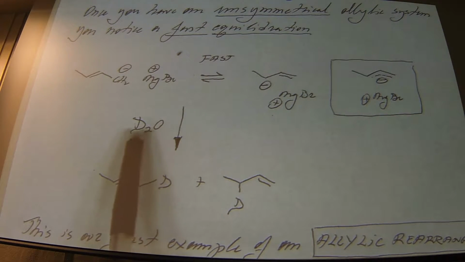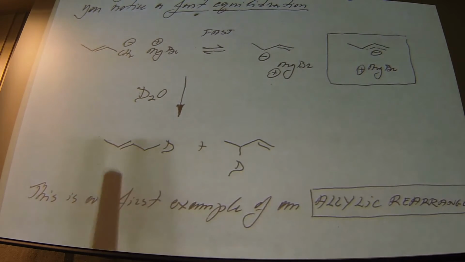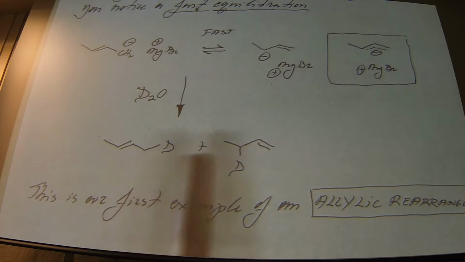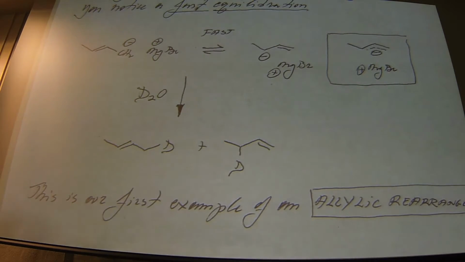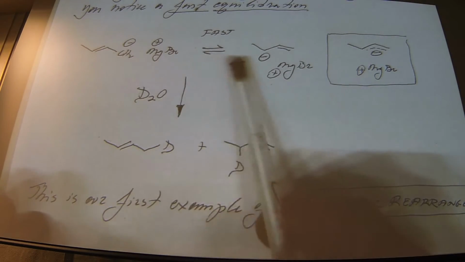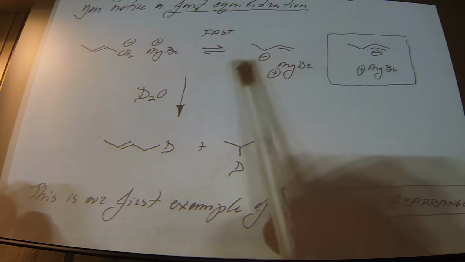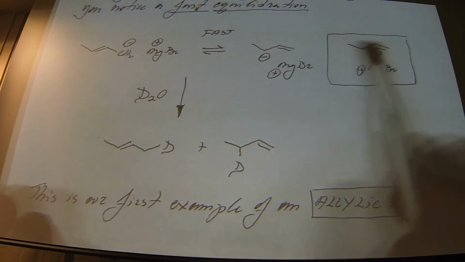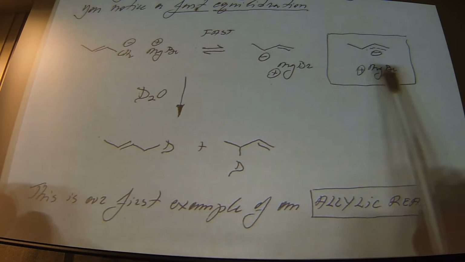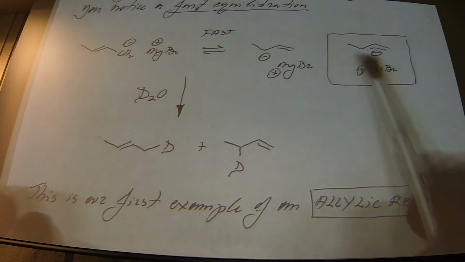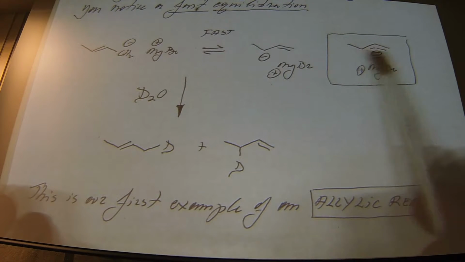And so if I quench this reaction with deuterium, I'm going to end up with a mixture of deuterated compounds where the deuterium is distributed between the two reactive carbon atoms. And because this equilibrium takes place rapidly, sometimes you'll see allylic carbanions or allylic Grignards indicated with a broken line here and a negative charge.